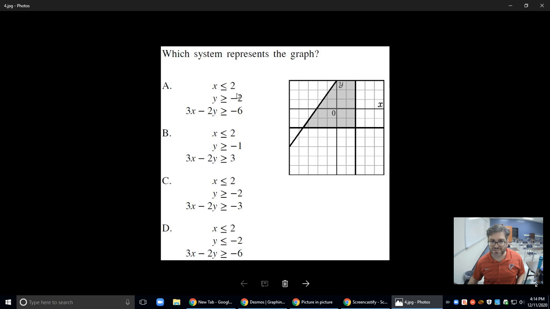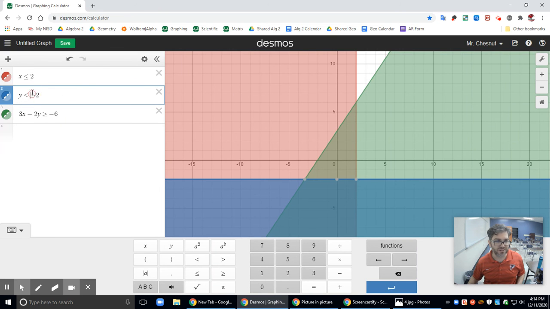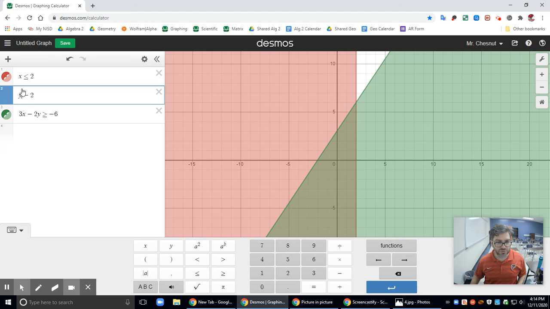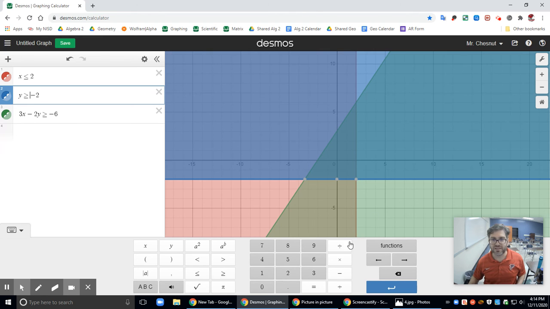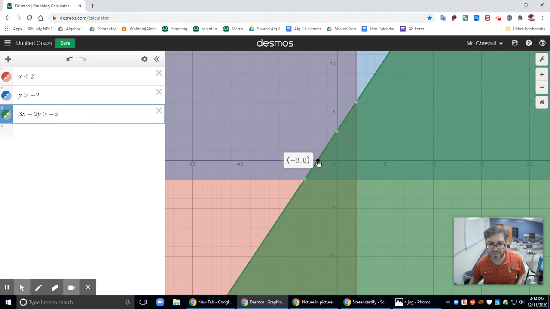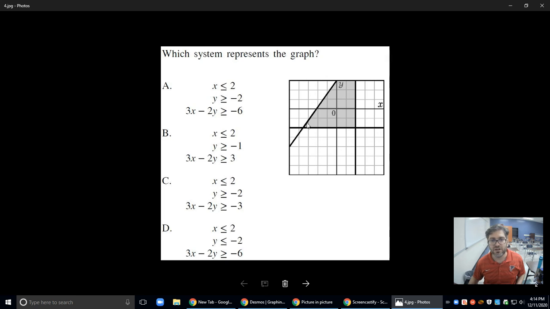Now going back to answer choice A, the correct answer. When you type in A, they're all overlapping in the triangle in the middle. And when I look at the point that the diagonal line is going through, it is going through negative 2 on the diagonal line. So you'll want to look for stuff like that, maybe points of intersection where certain lines meet.